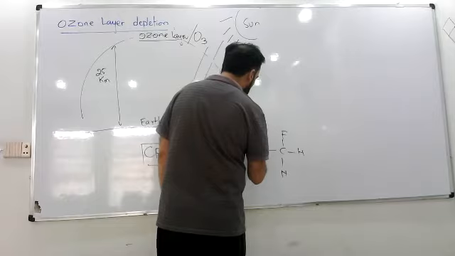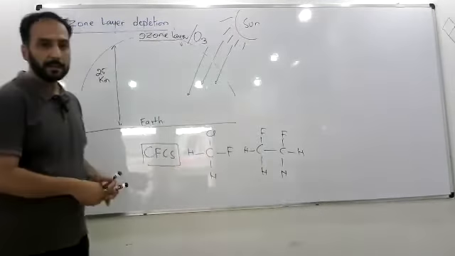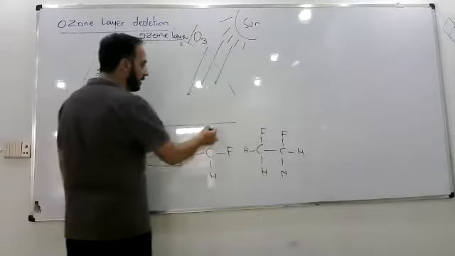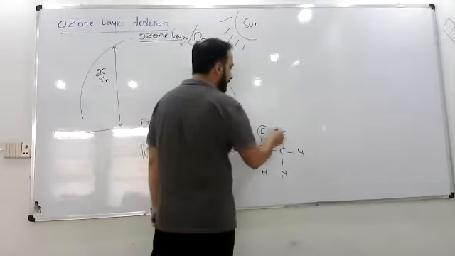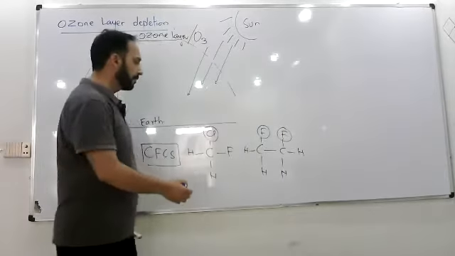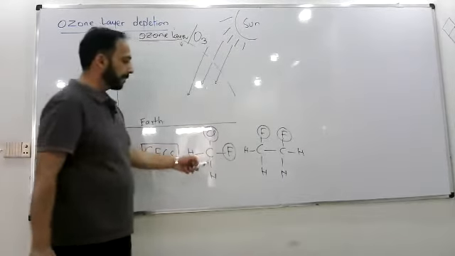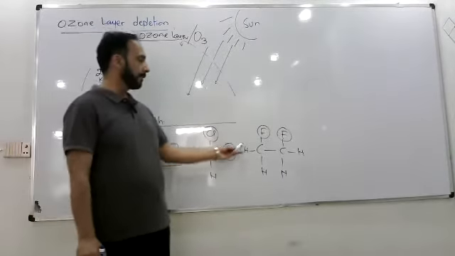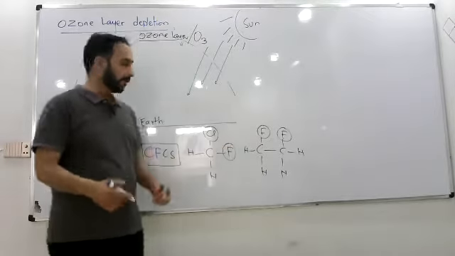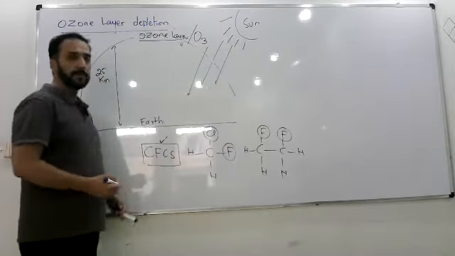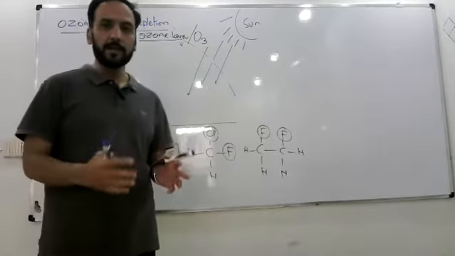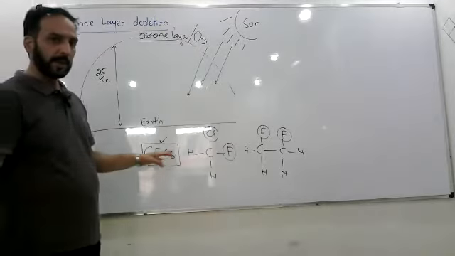So organic compounds having halogens present in them are called CFCs. Here I've shown fluorine and chlorine together in one molecule. Here we have two fluorine. The word CFC is generally used for compounds which have halogens bonded to carbon in the organic compound.